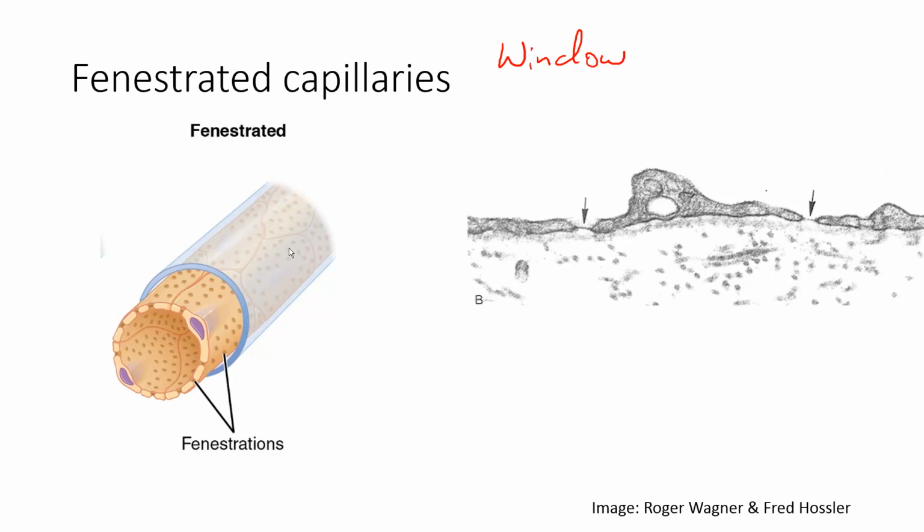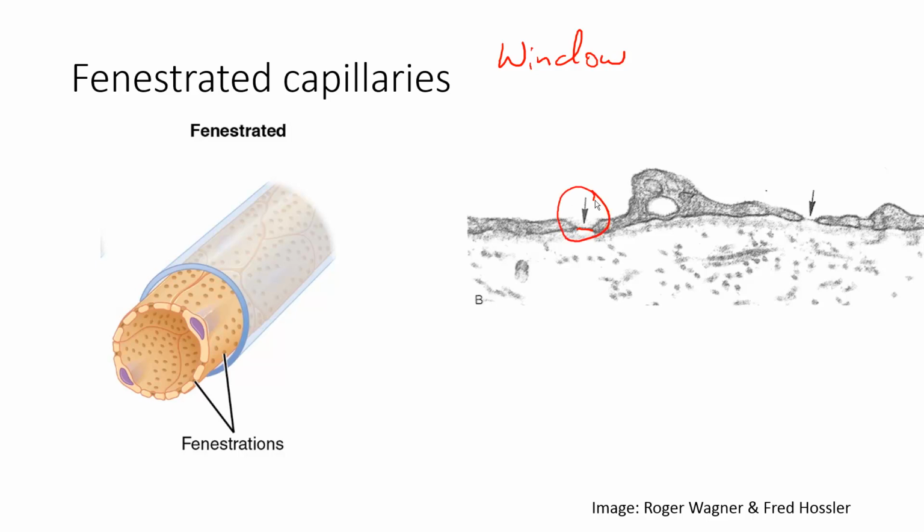The difference is they don't have the tightly controlled or limited contact between the blood space and the tissue space. Instead, the cells are dotted with numerous fenestrae or fenestrations, and these fenestrations or windows act like little pores. Now, they do have a membrane across them. This is not a unit membrane.